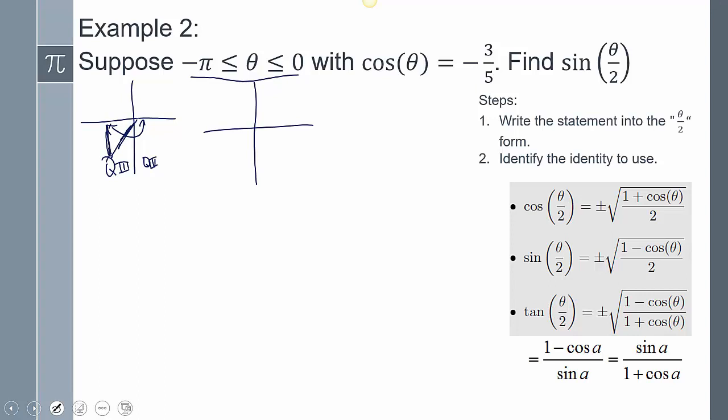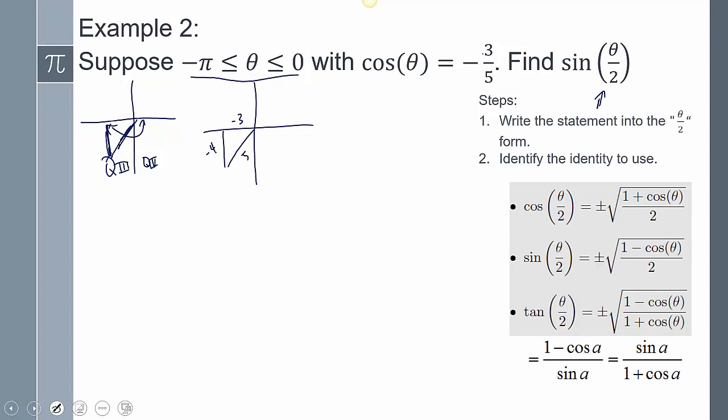But remember, it says sine of theta over 2, so that half angle might affect what my statement is going to be. So we at least need to start just by drawing this triangle. So it's going to be adjacent over hypotenuse. And so by the Pythagorean theorem, I know that's going to be a negative 4.